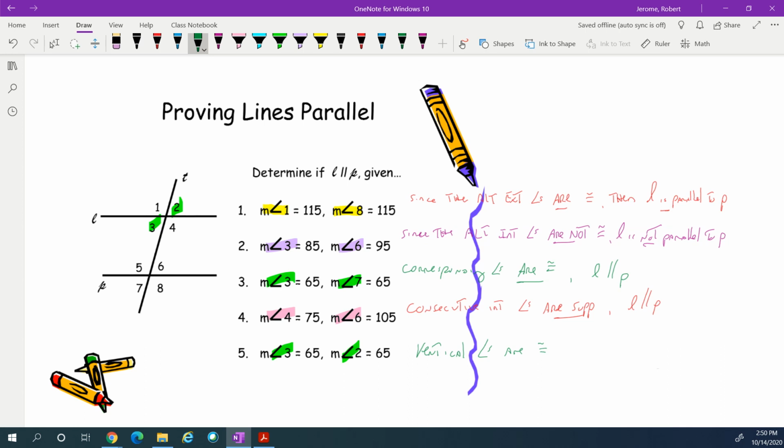We didn't even use line P. No conclusion about L and P. We can't say that they're parallel, so we might say that they're not, but we don't have any information. We're not even using line P in that question. Okay. So that's all we're doing is we're doing this backwards.